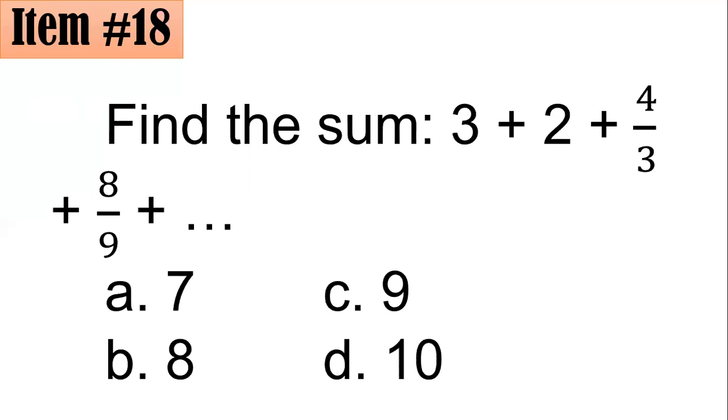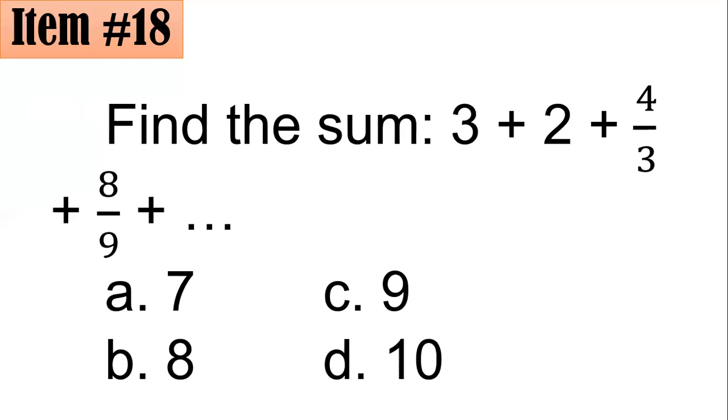How come it's 2/3? Because if you divide the second by the first, 2 divided by 3, that is 2/3. 4 thirds divided by 2 will be 2/3. 8 ninths divided by 4 thirds will be 2/3. So this is an infinite geometric series.